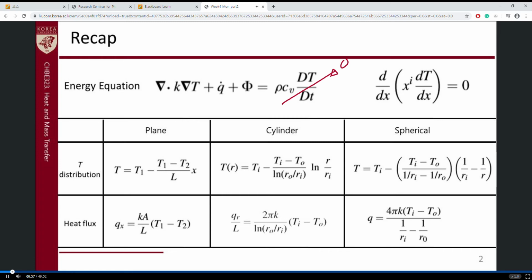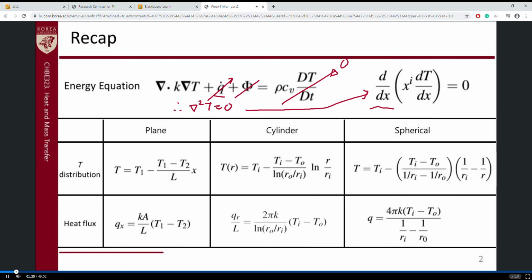So this is supposed to equal 0. There's no internal generation this week, no dissipation function. So we eventually got the Laplacian equation like this. And then last week we learned one-dimensional conduction, and we expressed this equation like this, right?